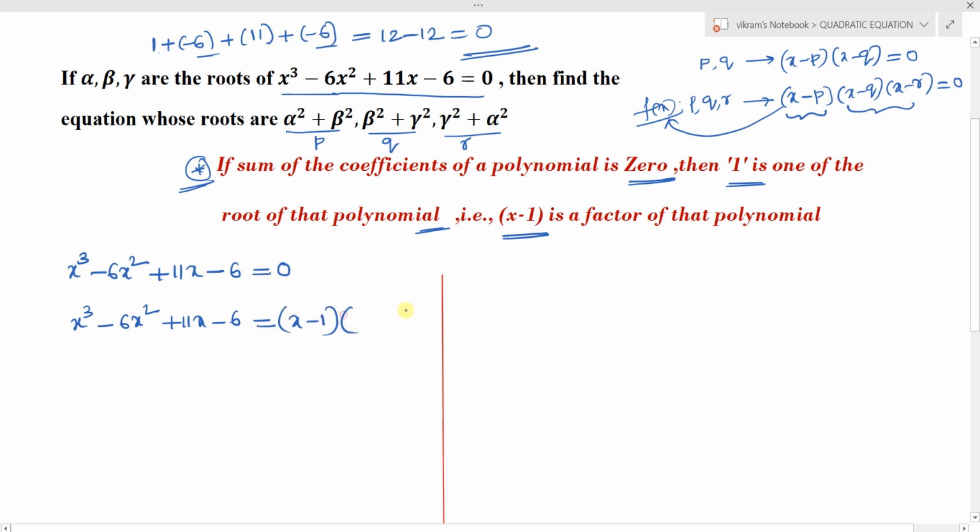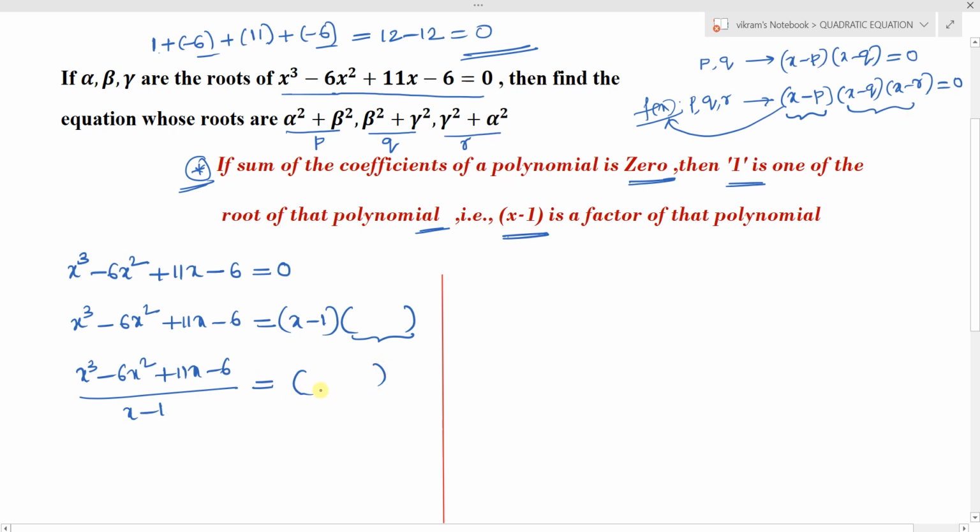Then we need to obtain the other factor. To obtain it, we divide x cube minus 6x square plus 11x minus 6 by x minus 1. If we divide this, we will get the other factor as a quotient, along with a remainder.